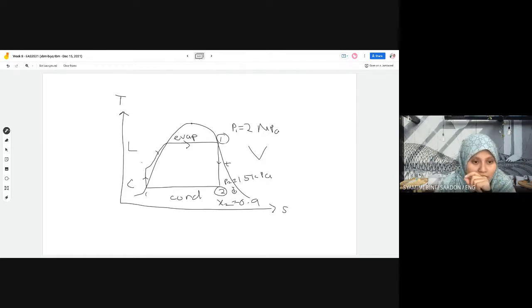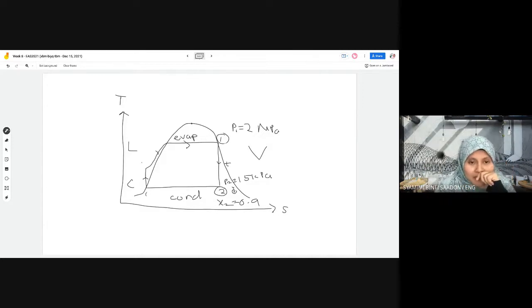I'm not sure if I've given it, but you can also search in the WhatsApp group for table A6, if you haven't got it yet. Table A6, superheated vapor, superheated water, steam.